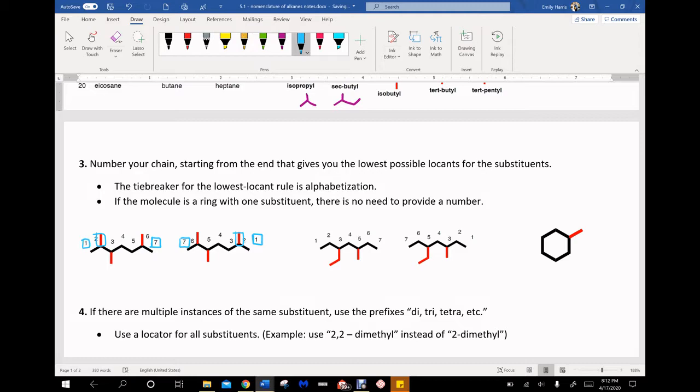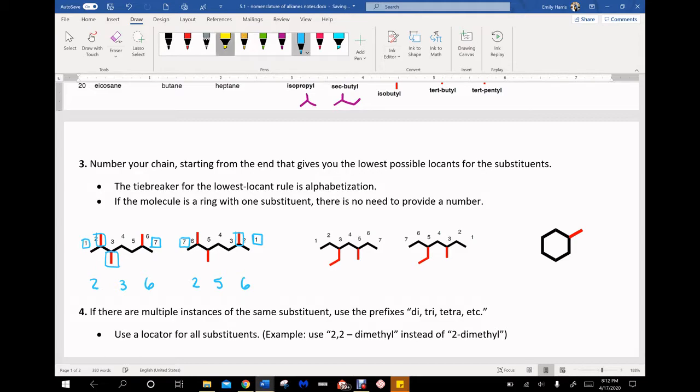Then, in the first case on the left, you have your next substituent on carbon 3, and your final substituent on carbon 6. So you have a substituent on 2, 3, and 6. On this other example, you have a substituent on 2, 5, and 6.